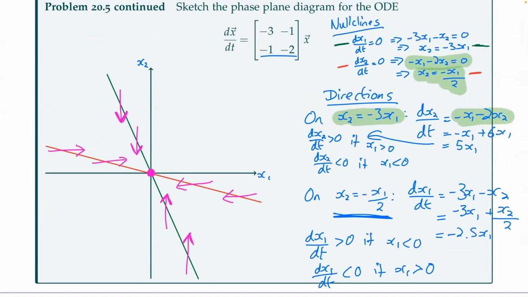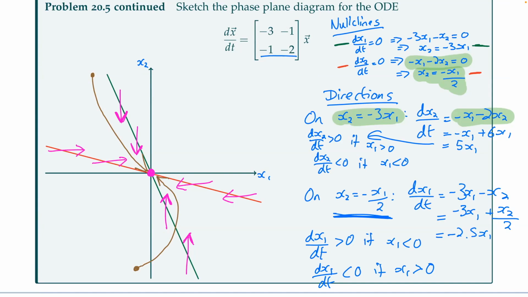We can now think about what goes on if we start on these different trajectories. Suppose we start up here, moving down and to the right until we reach our fixed point. If we start here, we start moving up and to the right, we cross this nullcline vertically, and then we start moving to the left here. Okay, so whichever way you pick, you end up moving towards the origin.